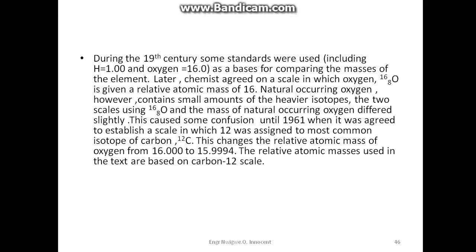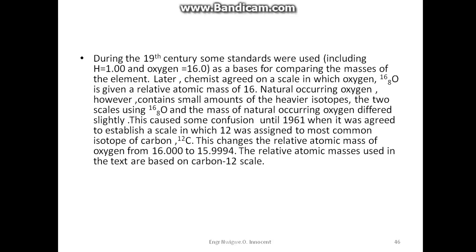Naturally occurring oxygen, however, contains a small amount of the heavier isotope. The two scales, using 16 as the relative atomic mass and the mass of the naturally occurring oxygen, differ slightly.